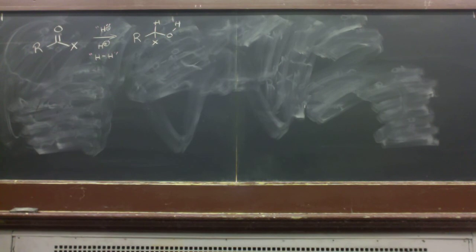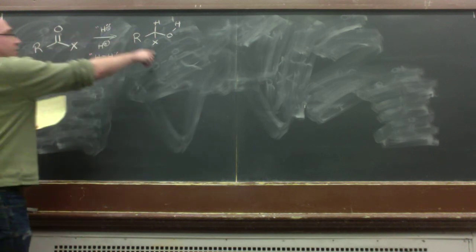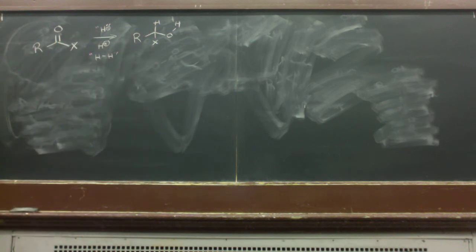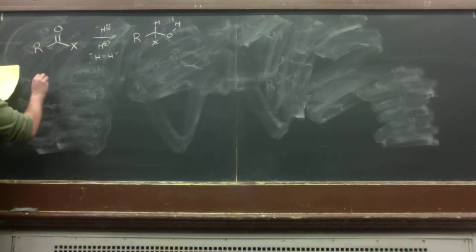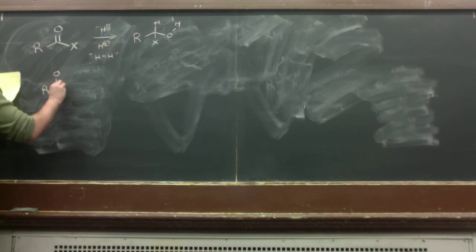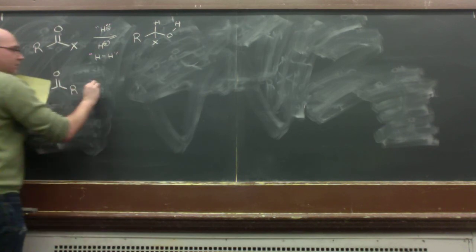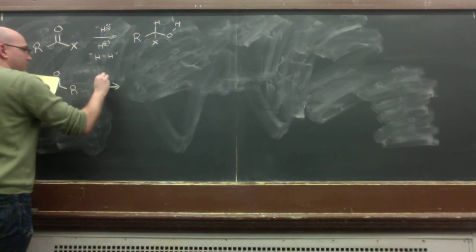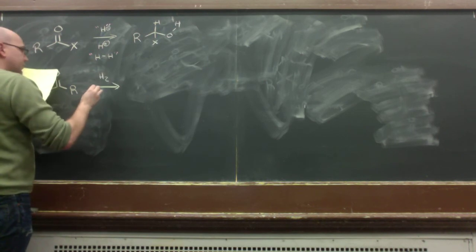So as you might imagine, there is chemistry where you can do similar reductions of carbonyls without this hydride followed by protonation. Another type of reduction that you can do is to just use hydrogen and some type of a metal.